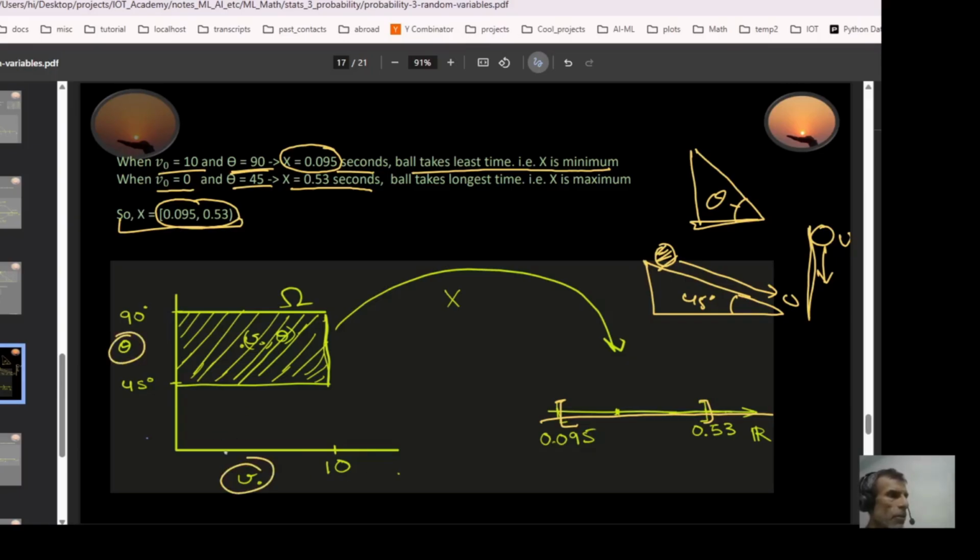I put my v0 between 0 and 10, and my theta goes from 45 to 90 degrees. So this is my sample space right here. My x, which is the time it took, maps all the numbers from this sample space to a number on this number line right here. And these numbers are always going to be between 0.095 and 0.53. So this is kind of like a mapping function.